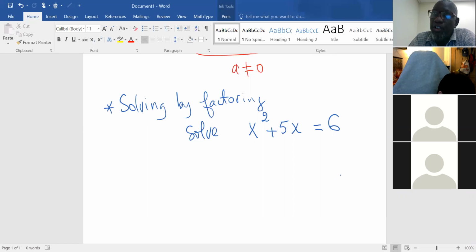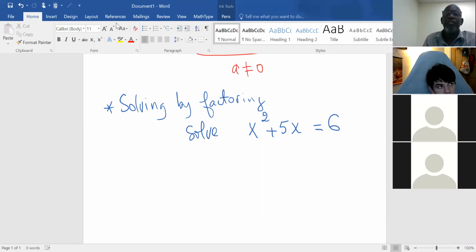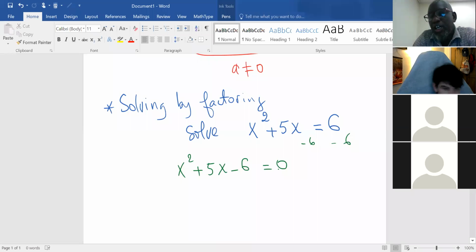So subtract 6, and we get x squared plus 5x minus 6 equals 0. Then we try to factor.